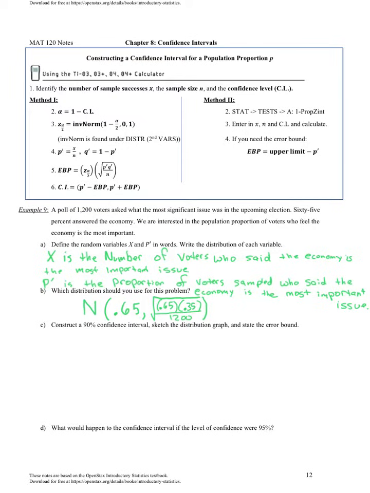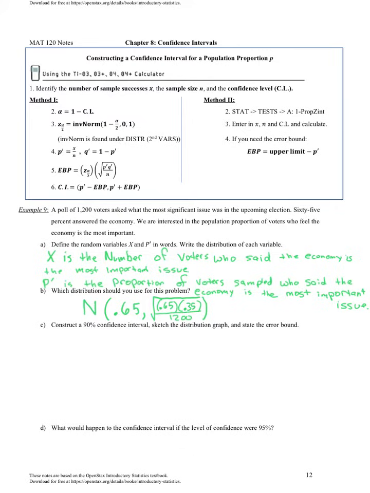Next, construct a 90% confidence interval and state the error bound. Go ahead and pause the video and see if you're able to do that. And just a note, I would highly recommend learning how to use your graphing calculator to find confidence intervals. It's a huge time saver.